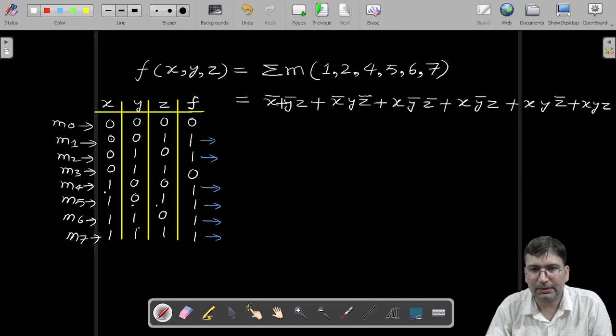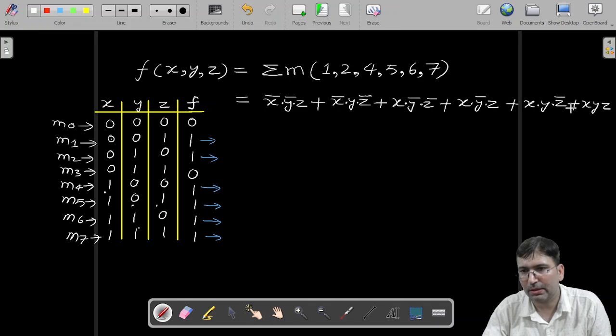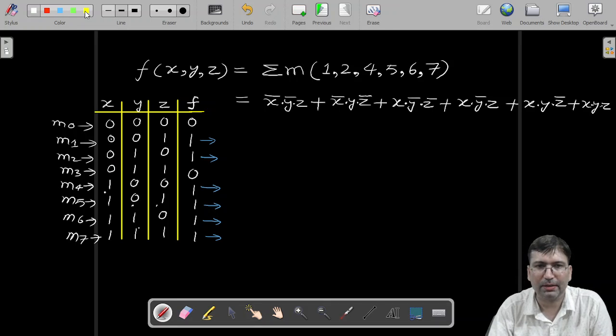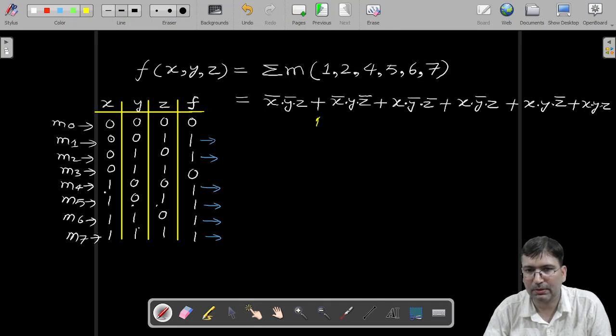Why do we call it that? Here we are considering the dot operator, although dot is not exactly product because it is the AND operator, but it looks like a mathematical product. And these OR operations look like sum or plus.